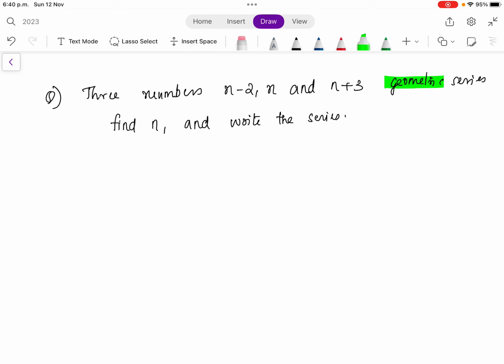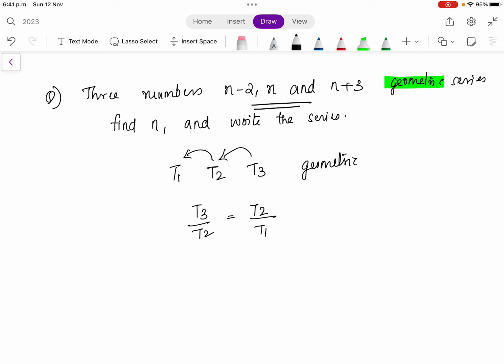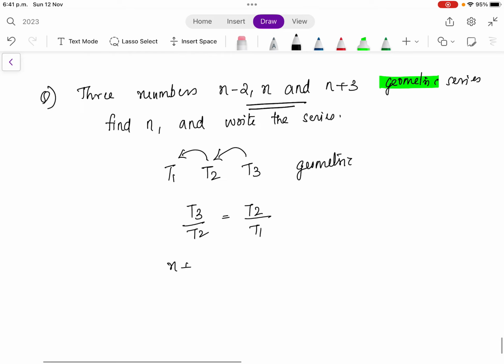If it is a geometric series, what is the criteria? If you have T1, T2 and T3 as part of the geometric series, T3 divided by T2 is equal to T2 divided by T1. So now when we apply that, n plus 3 over n is equal to n divided by n minus 2.